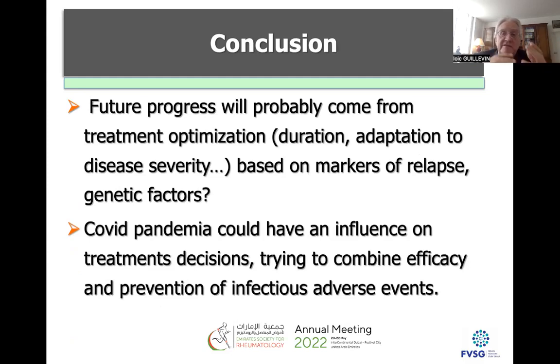And it is based on some markers of relapses, maybe some genetic factors. And because we have now a pandemic, we should also think of the limitation of the treatment and the adaptation of the treatment, and give the treatment to the subpopulation of patients who really deserve it. We should not overtreat the patients.